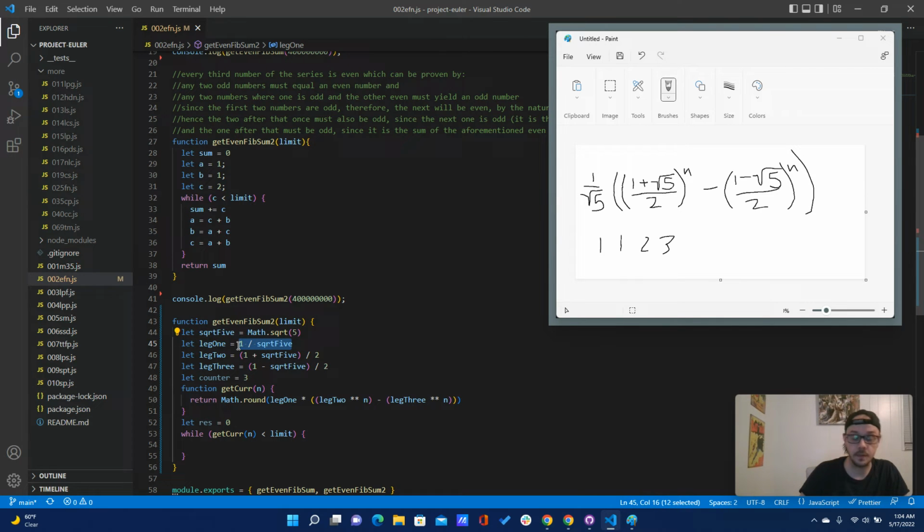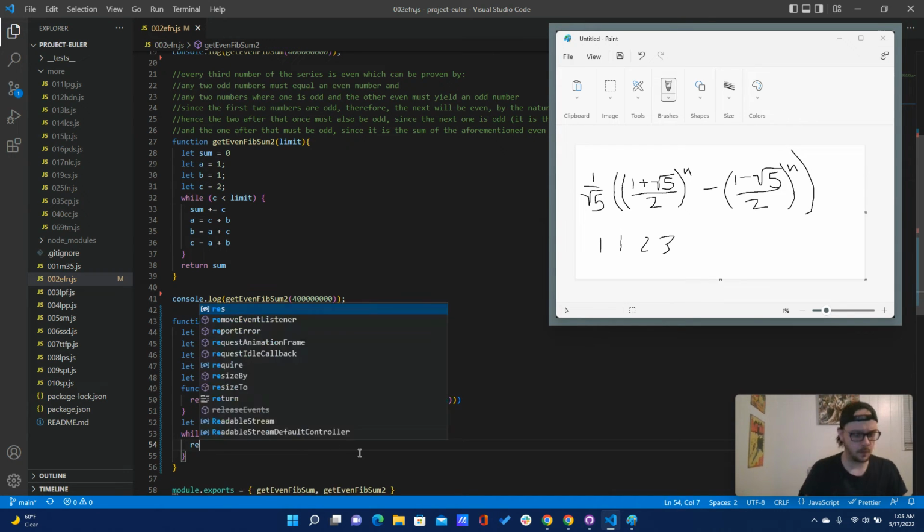Almost certainly, and I would be shocked if neither of these didn't have a floating point error in them at some point. To correct for that, we're going to have to do some rounding here. The floating points are usually so minuscule that math.round is going to suffice. If we're off by 1 by the end of this, maybe that's because of a floating point error, but even then, I seriously doubt it.